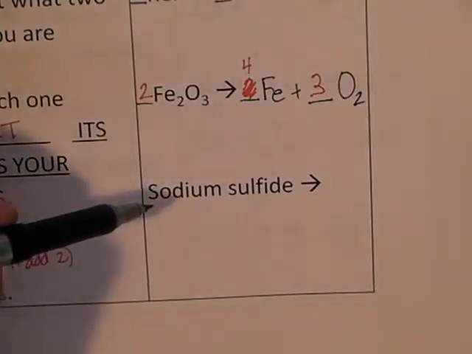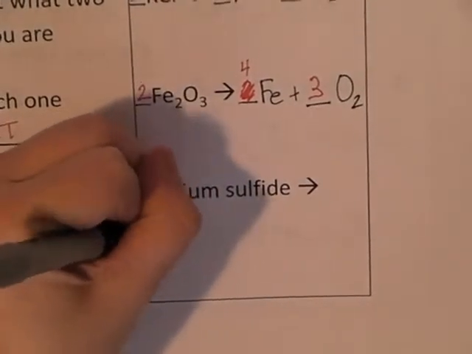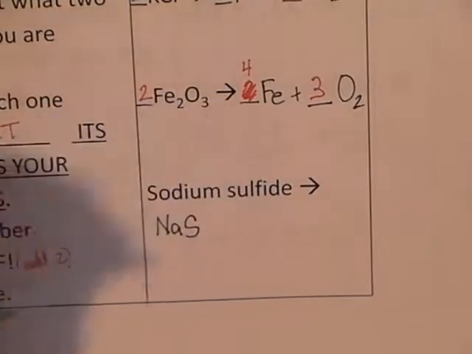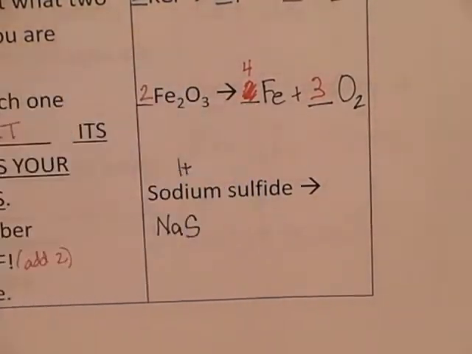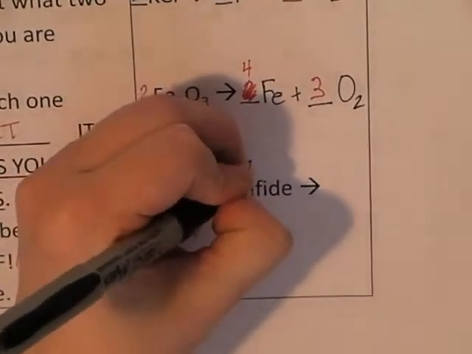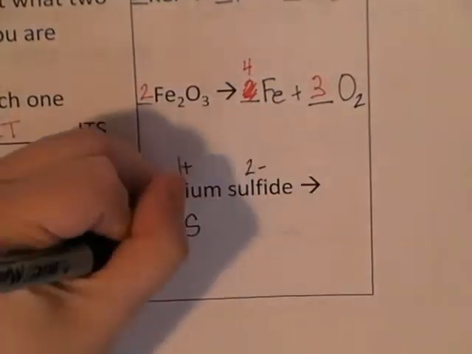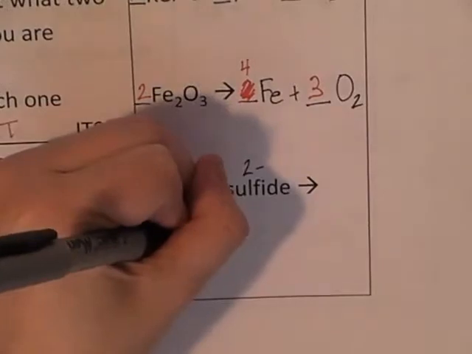Right, that's what you should be thinking in your head right now. Look up charges and cross them over. So we know that's Na and S going together, right? The charge of sodium plus 1, charge of sulfide minus 2. So this is going to become Na2S.